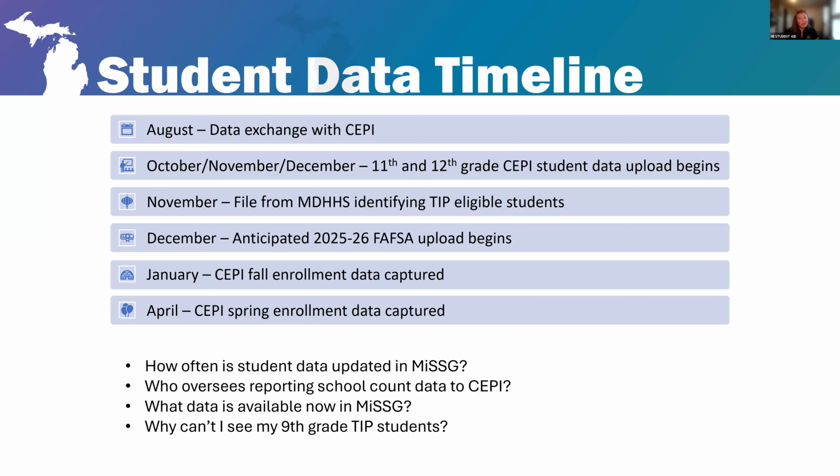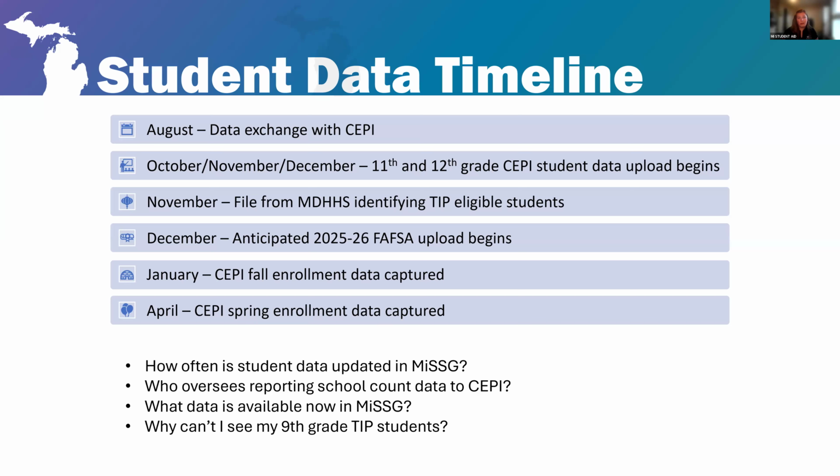But also just keep in mind that in November, we're going to get that new TIP data file, and then we're going to upload that into our system. And usually that can get uploaded, I would say, by the end of November, early December, depending on how large that file is. And so we just really recommend that you all log back into MiSSG after November and look at those TIP student lists again.